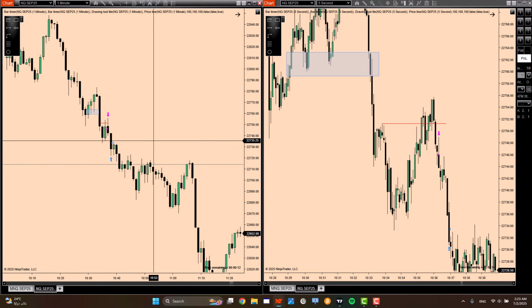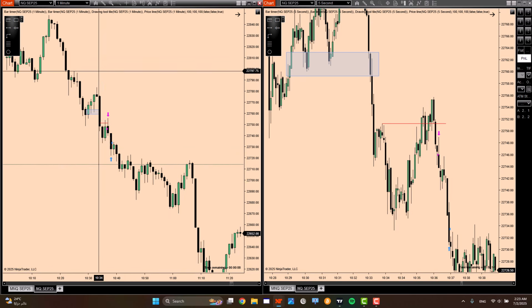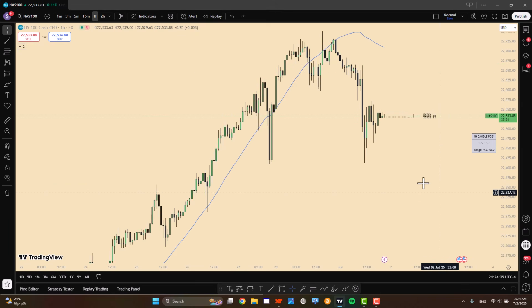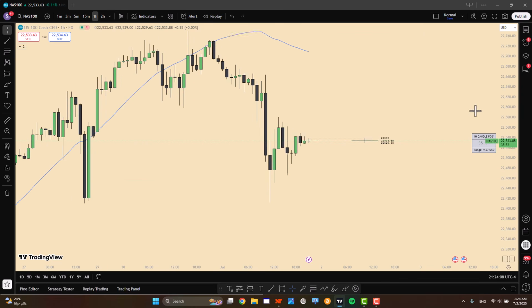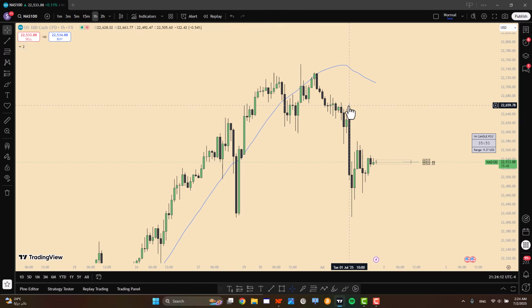Let me give you the context first of why I'm expecting a bearish move, or this move to continue to the downside. If you go to the 1 hour right here, first of all, we were here. We had this move to the downside, and then we traded to the upside, and this is the 10 a.m. news.